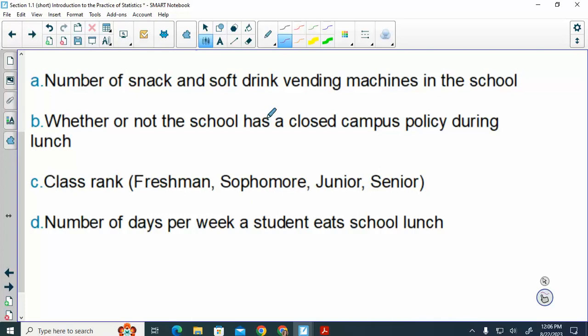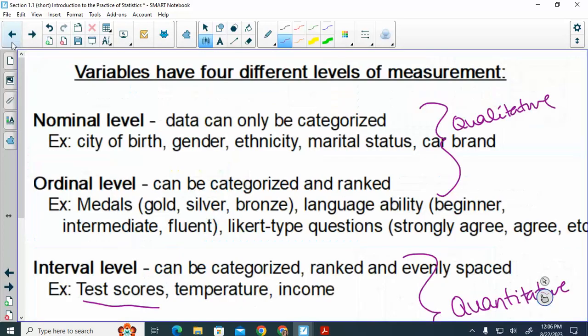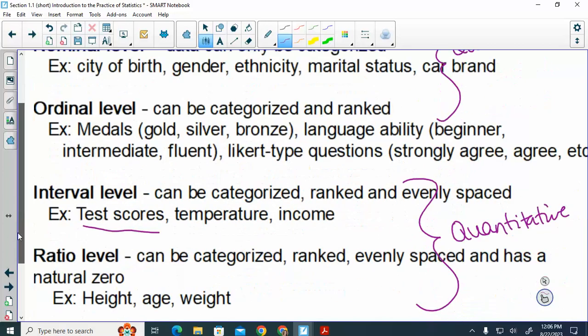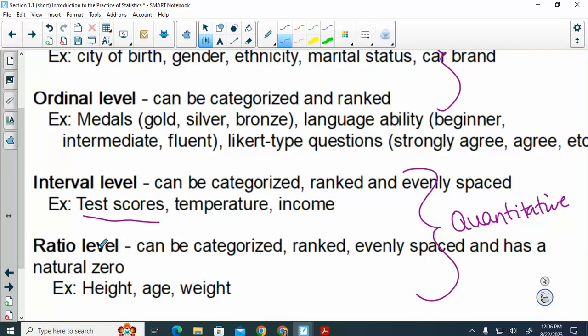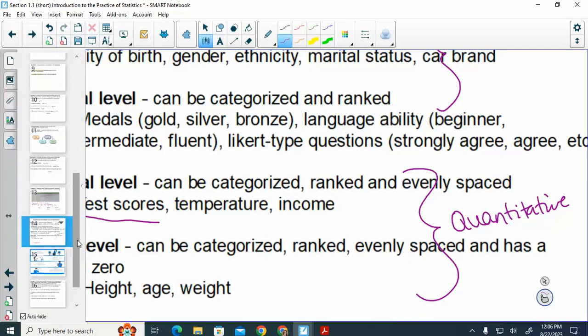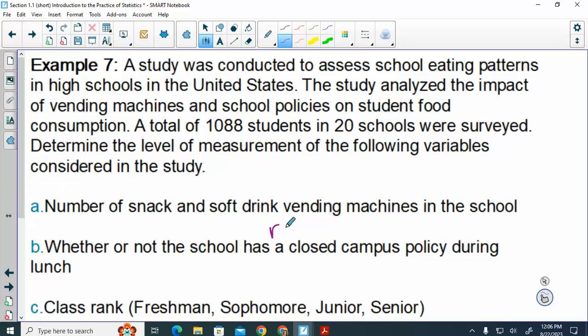Our rule is, if we can put it in order, it's ordinal. Can we put the number in order? Yes. Let's check, is it interval? Are they evenly spaced? Is it the same distance between 1 and 2 vending machines as it is between 2 and 3? Yes. Can it be ratio? Is there a natural zero? Can you have 0 vending machines? Yeah. Can you have a negative number of vending machines? No. So this one would be ratio data.